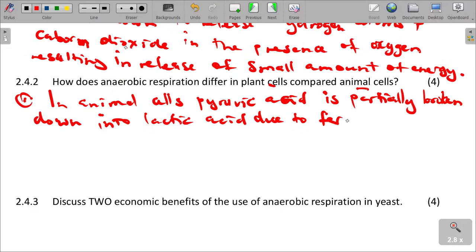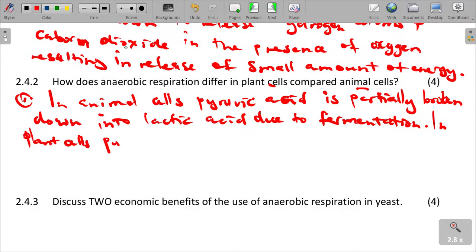Due to fermentation of the lactic acid, and then in plant cells, pyruvic acid is partially broken into ethanol and carbon dioxide.